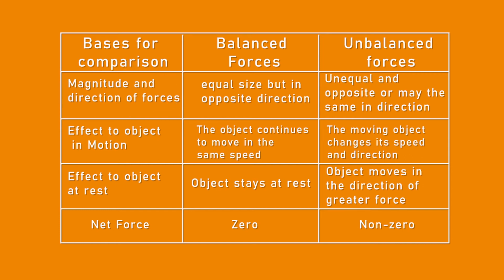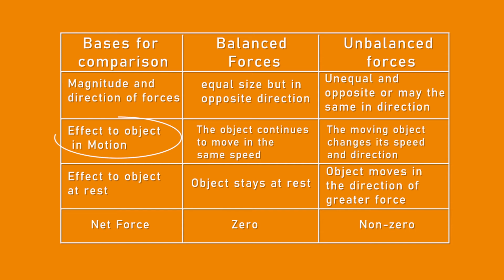The second basis is effect of these forces to object in motion, effect of these forces to object at rest, and the net force. For balanced forces, in terms of magnitude and direction, they are equal in magnitude but in opposite direction. For unbalanced forces, the magnitudes are unequal, and the forces are opposite or the same in direction.